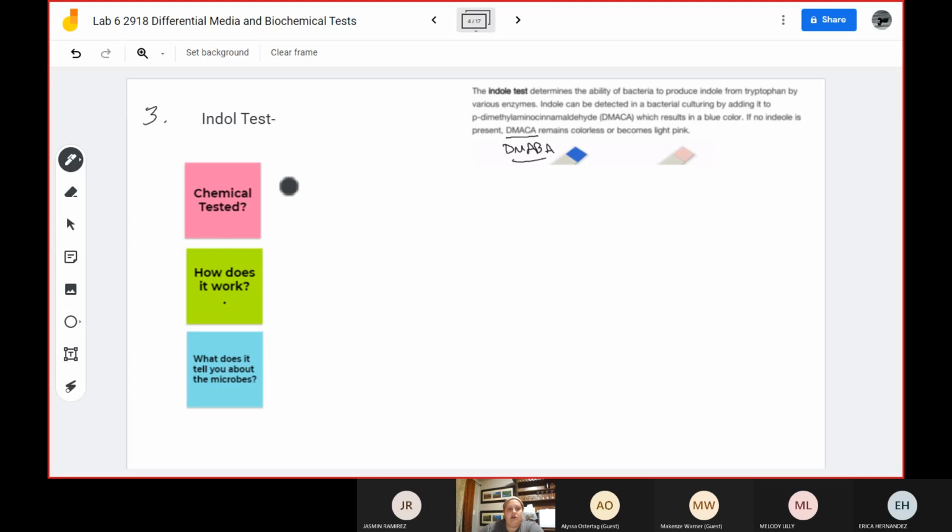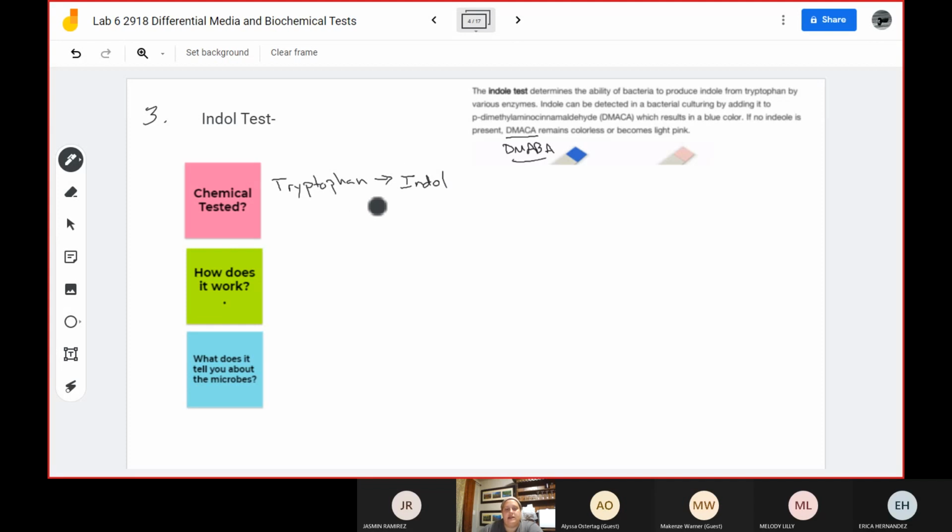So the chemical tested in the Indole test is, we're looking for the use of tryptophan by the bacteria. So this is one of our amino acids. And if the bacteria is able to convert this to indole.